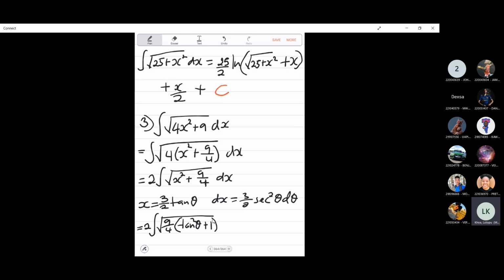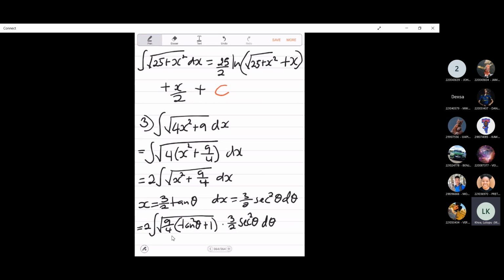And then dx here, it's 3 over 2 sec squared theta d theta. So times 3 over 2 sec squared theta d theta. So again, tan squared theta plus 1 is sec squared theta.